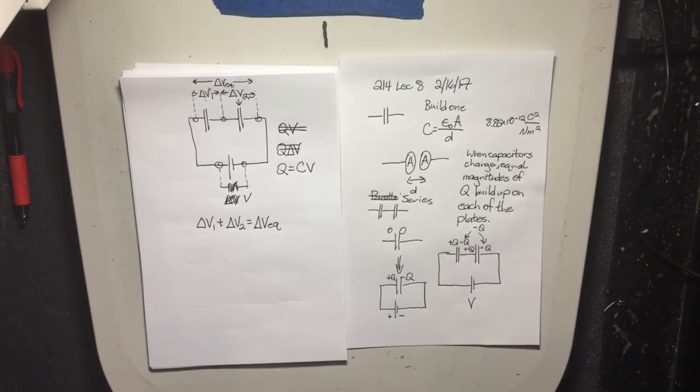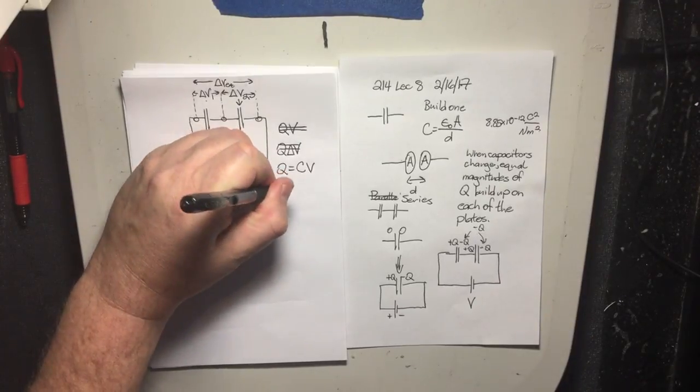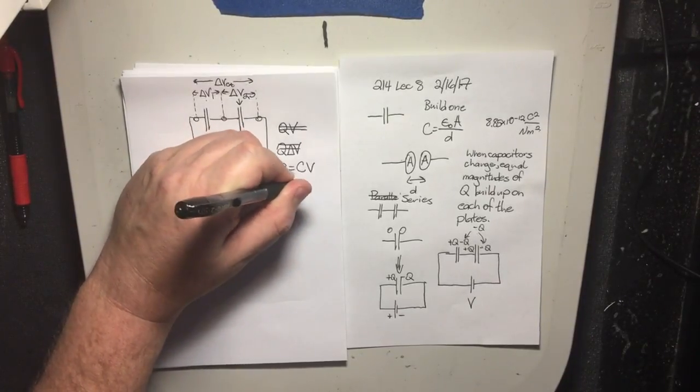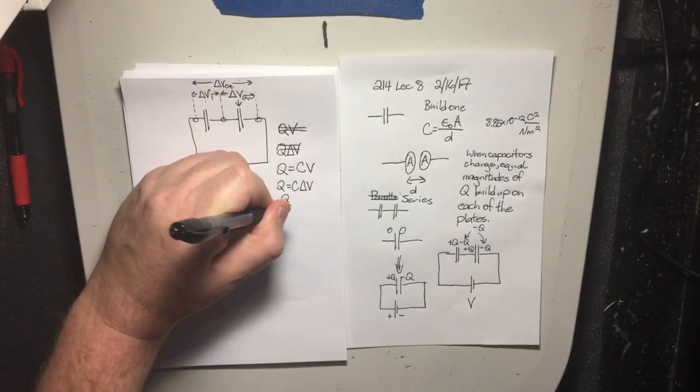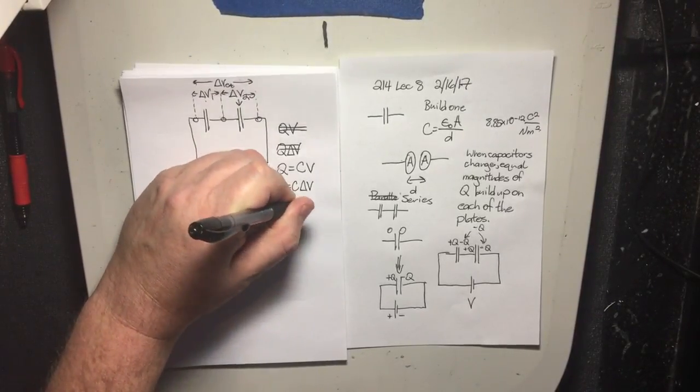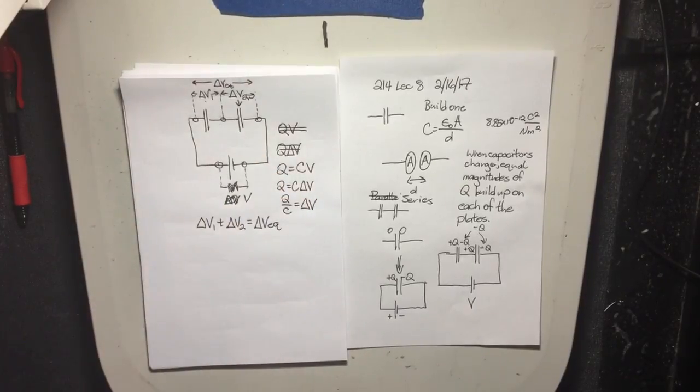The charge built up on the plates is the capacitance times the potential difference. Or Q divided by C is equal to delta V.